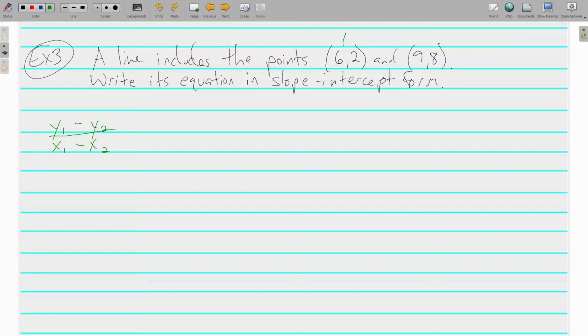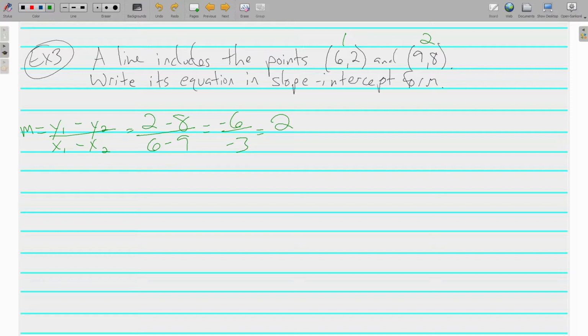Call this one point 1 and this one point 2, and we'll have 2 minus 8 over 6 minus 9. That's going to give us negative 6 over negative 3 for a slope of positive 2. And remember, this is our m, this is our slope.